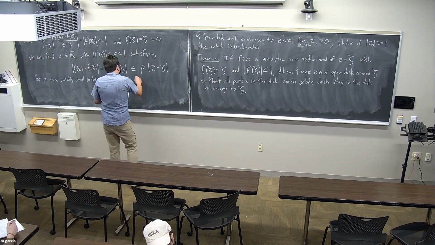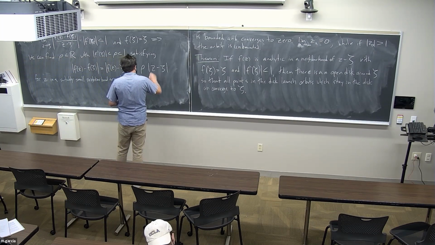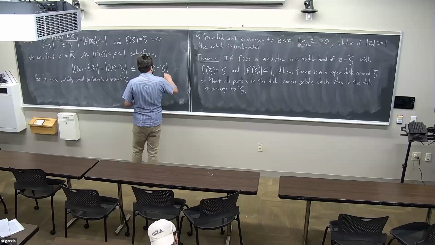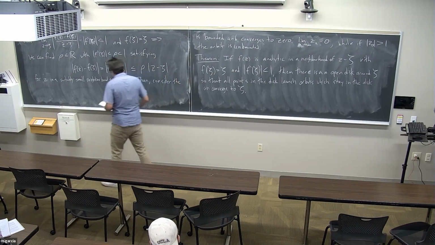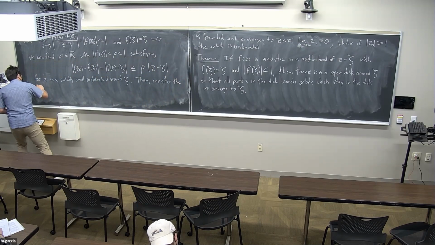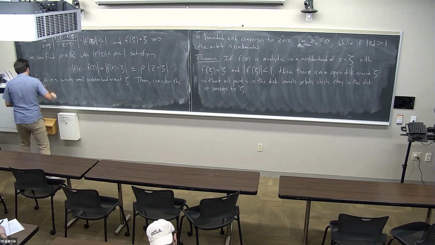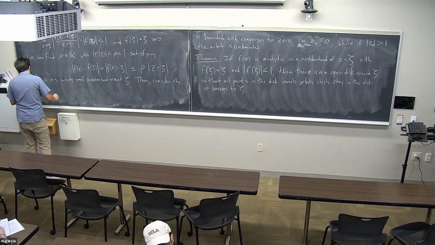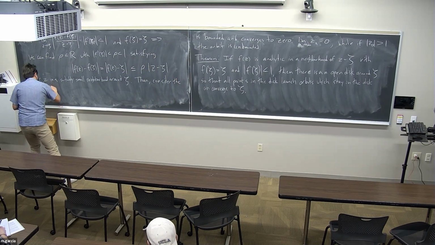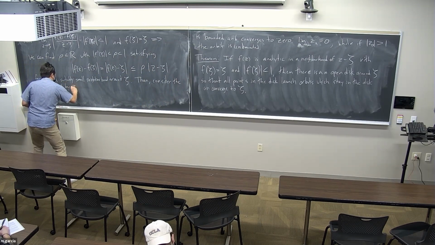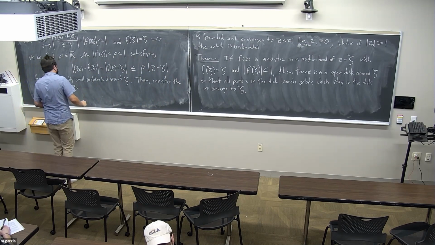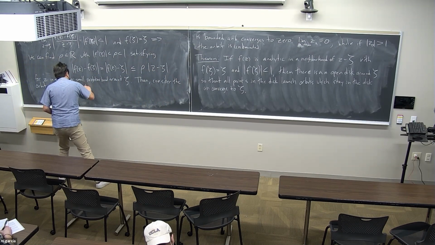So then what we want to do is consider the orbit, you can say, seeded by z naught in this neighborhood.